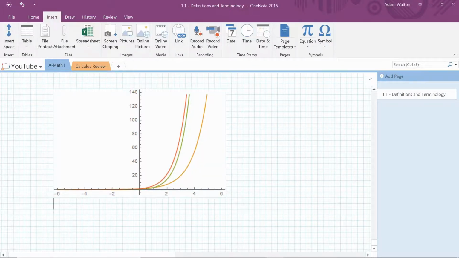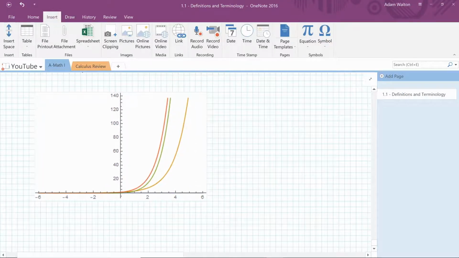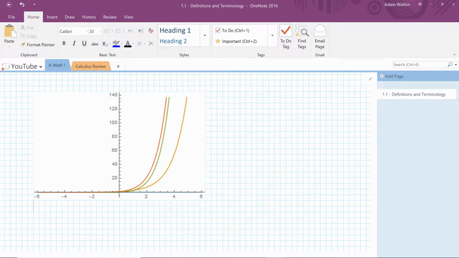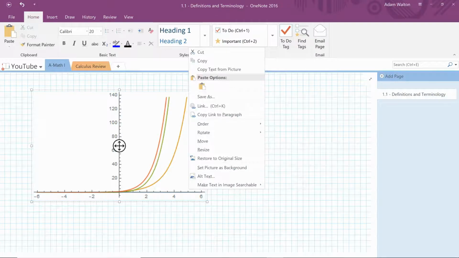So now let's consider this graph of a few solutions. I know it's very hard to see, but there is in fact a blue horizontal line representing a solution to this differential equation.